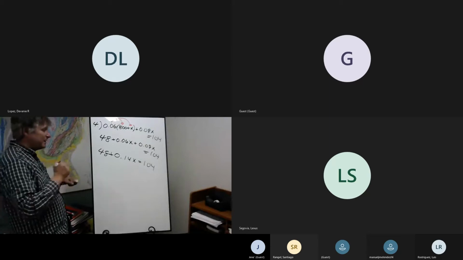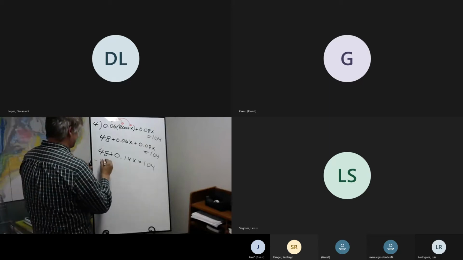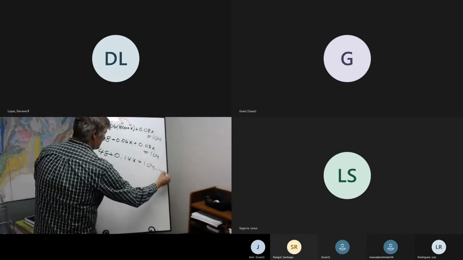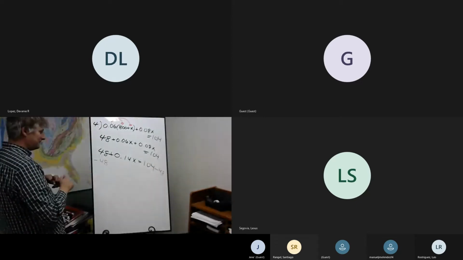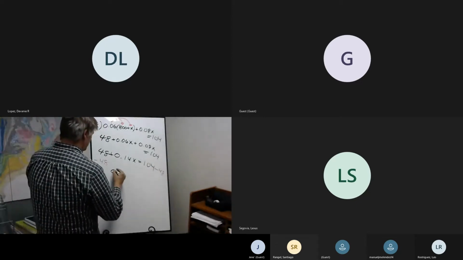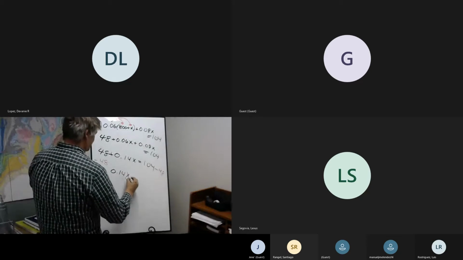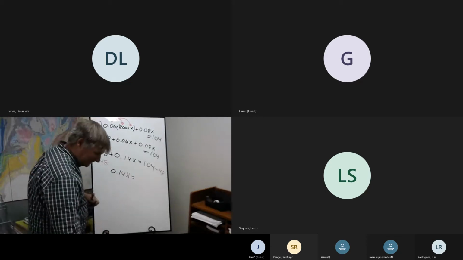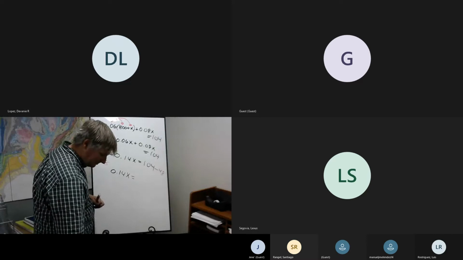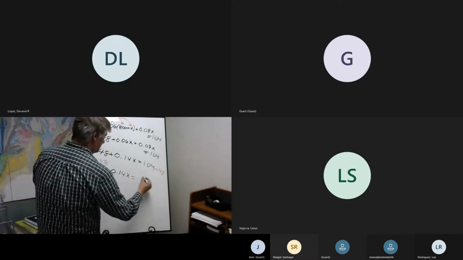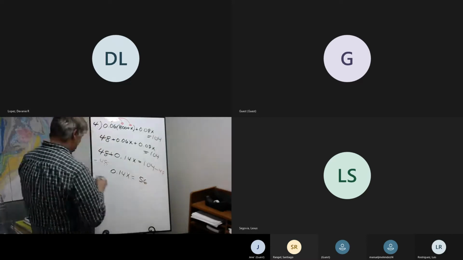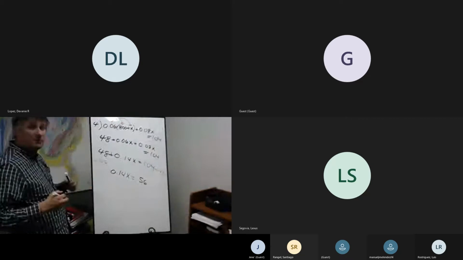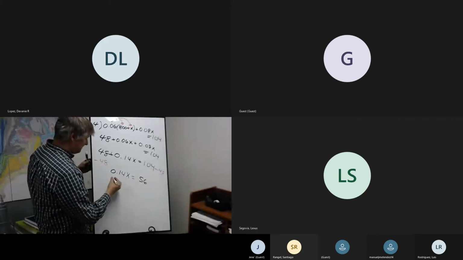We're going to get 0.14x when we do. Now we can subtract 48. Let's see. $56. Divide both sides by 0.14.